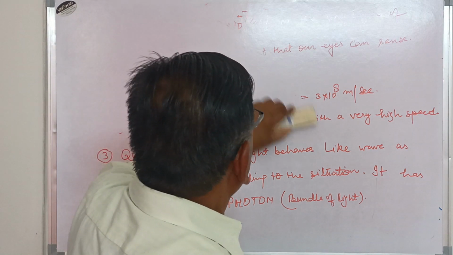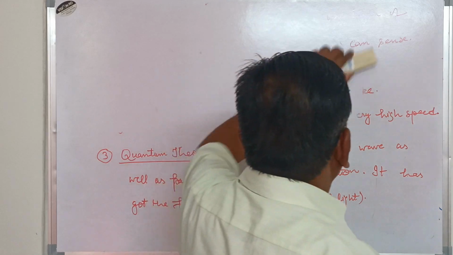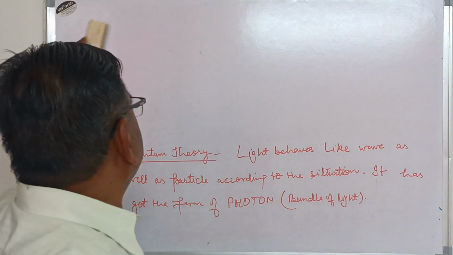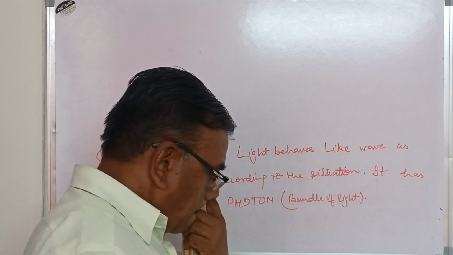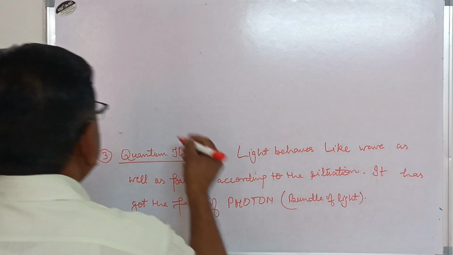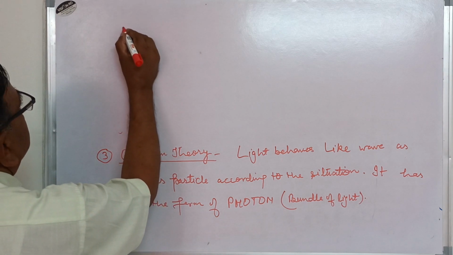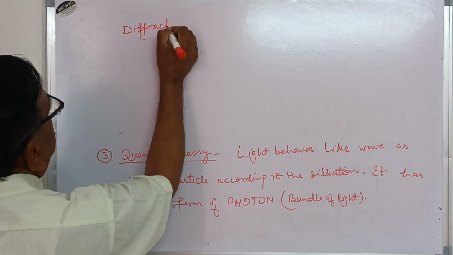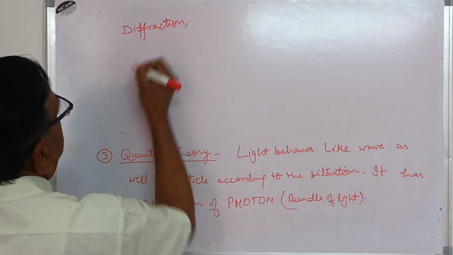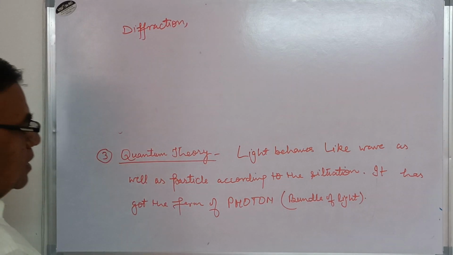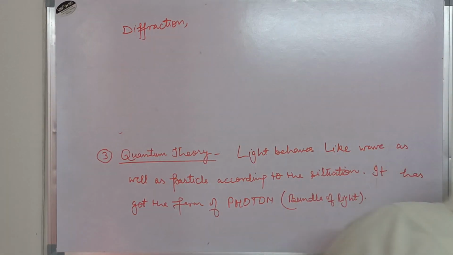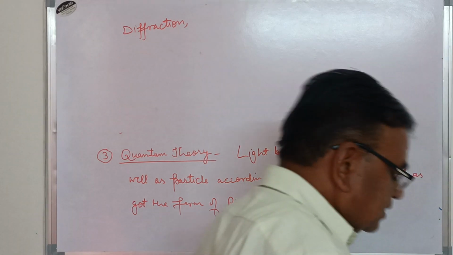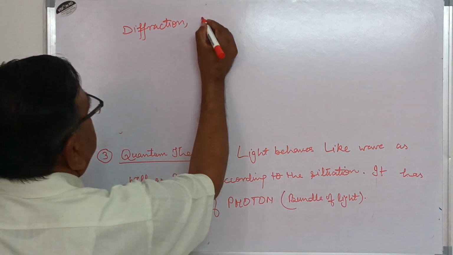So what are the phenomena that say light behaves like a particle and light behaves like a wave? The phenomena are diffraction, interference and polarization.